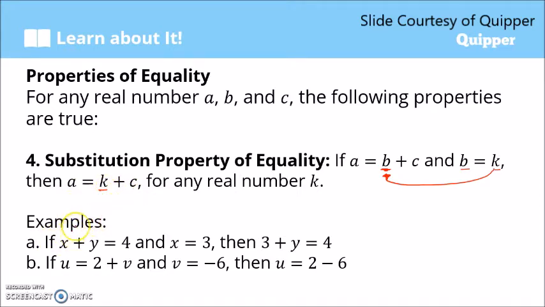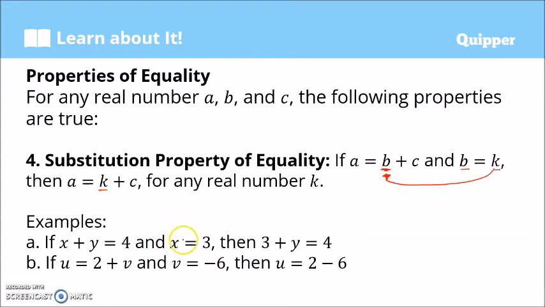Let's have examples. If x plus y equals 4 and x equals 3, then 3 plus y equals 4. Anong nangyari? Notice here that we have two variables already, x and y. How can I solve this? So, gawin nating isa. Ang given, sabi dito, additional given, x equals 3.